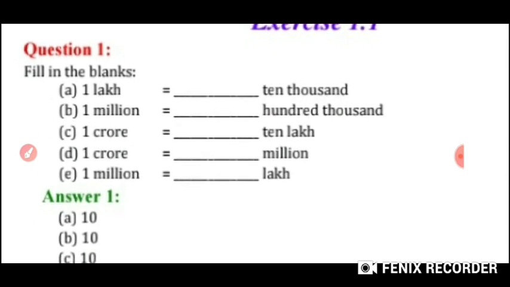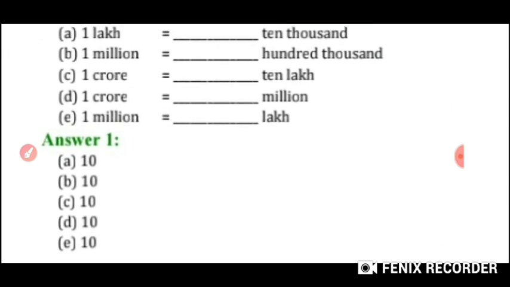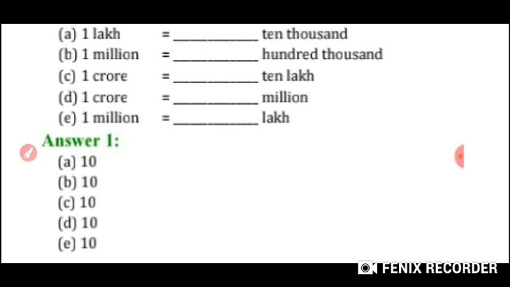In 1 million, how many 100,000s are there? 10 are there. 1 crore equals dash: 10 lakhs. And 1 crore equals dash million: 10 million. 1 million equals dash lakh: 10 lakh.